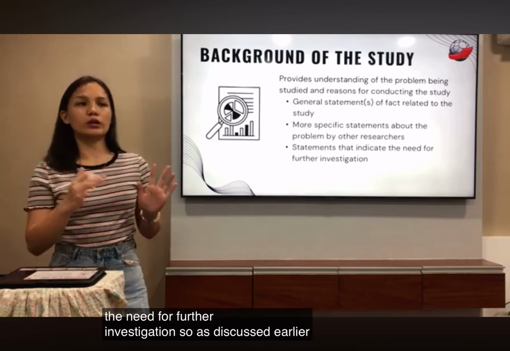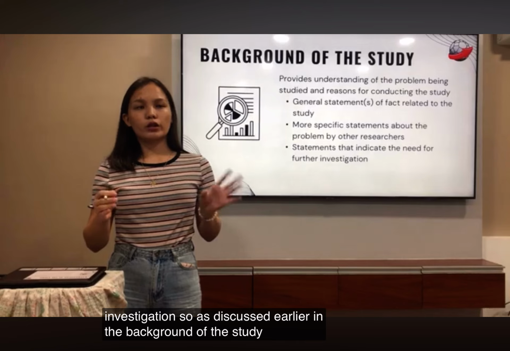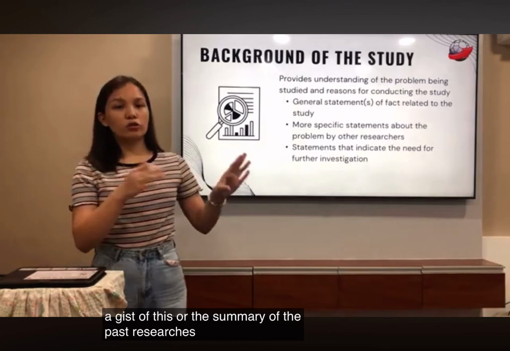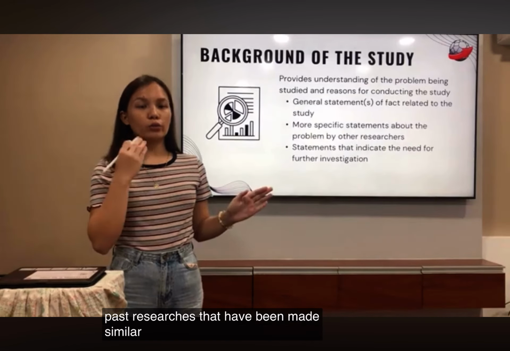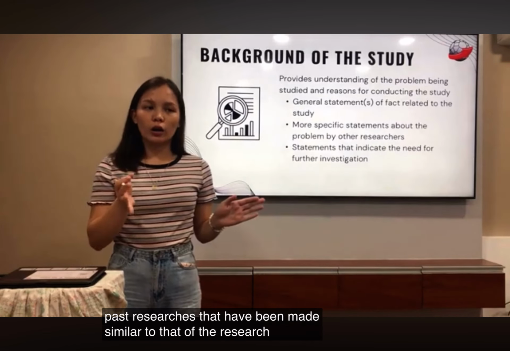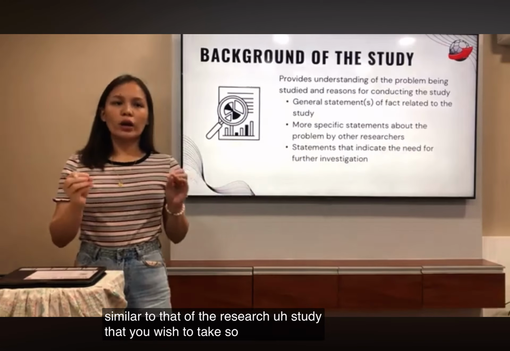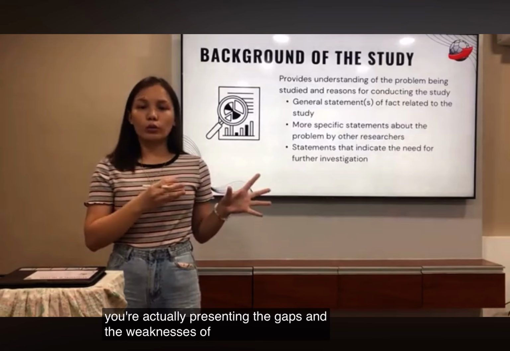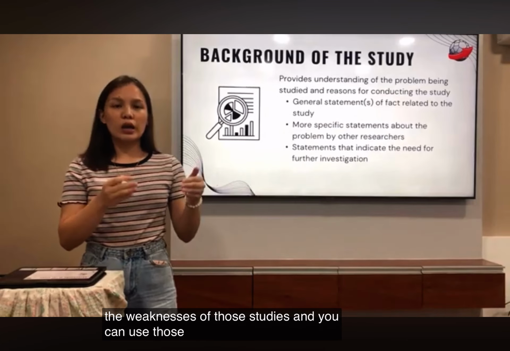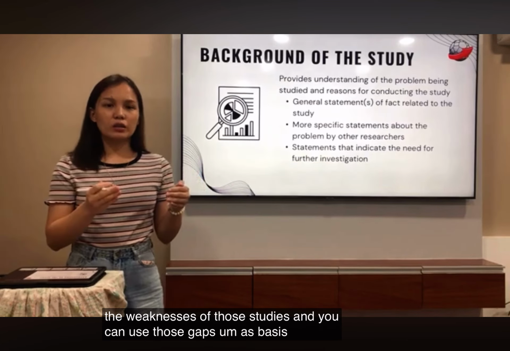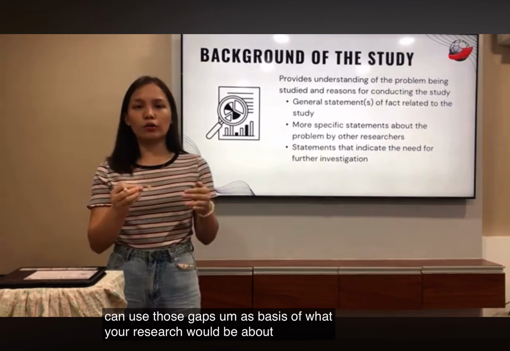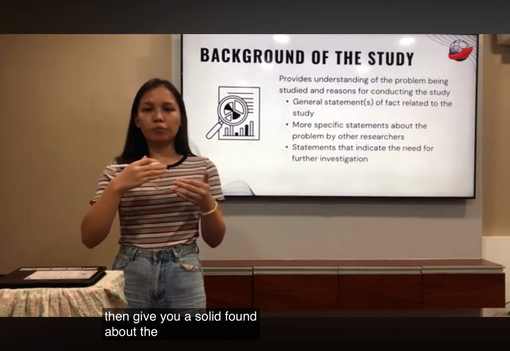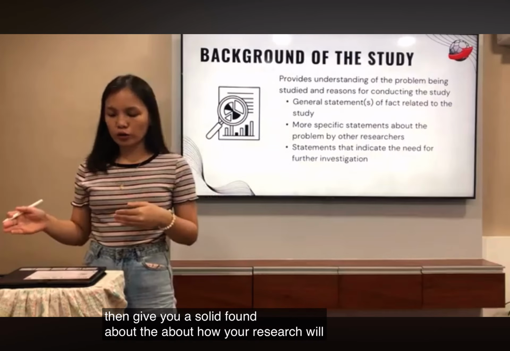As discussed earlier, in the background of the study, you provide a gist or the summary of the past researches that have been made similar to the research study that you wish to take. In this manner, you're presenting the gaps and the weaknesses of those studies, and you can use those gaps as the basis of what your research would be about, which would then give you a solid foundation about how your research will unfold.